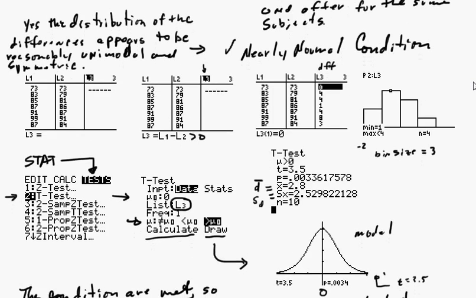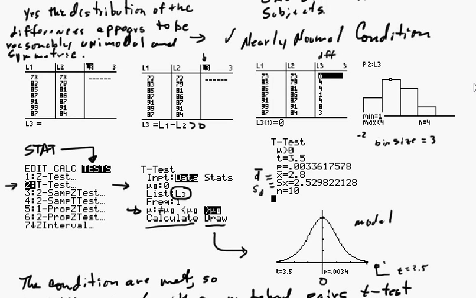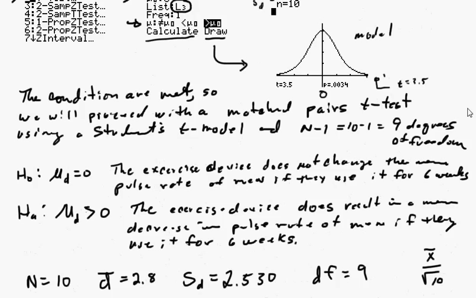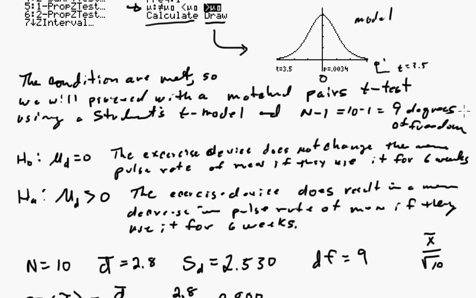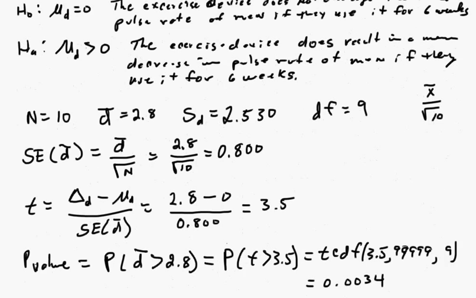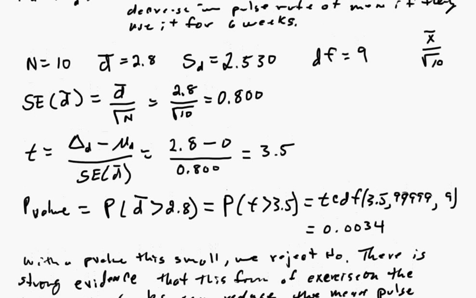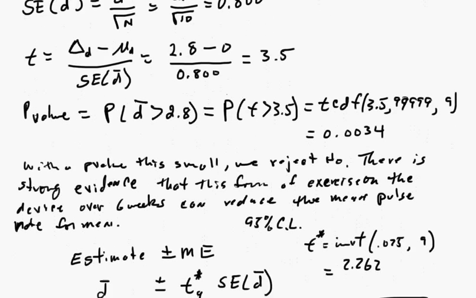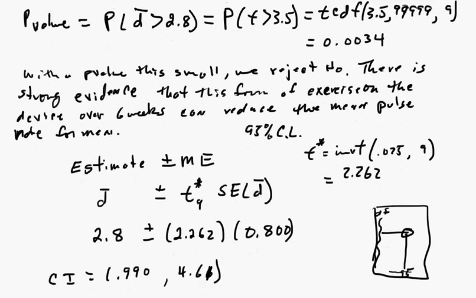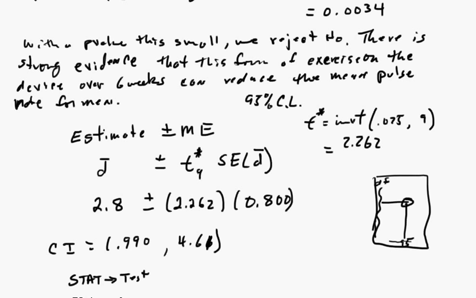The next thing is, don't work so hard. Get the calculator to do the bulk of your work. Then finally, make sure that you understand what you're trying to do with the differences and you get organized correctly. You do need to document the computations, even though the calculator did most of the work, and then make sure you write your conclusion.